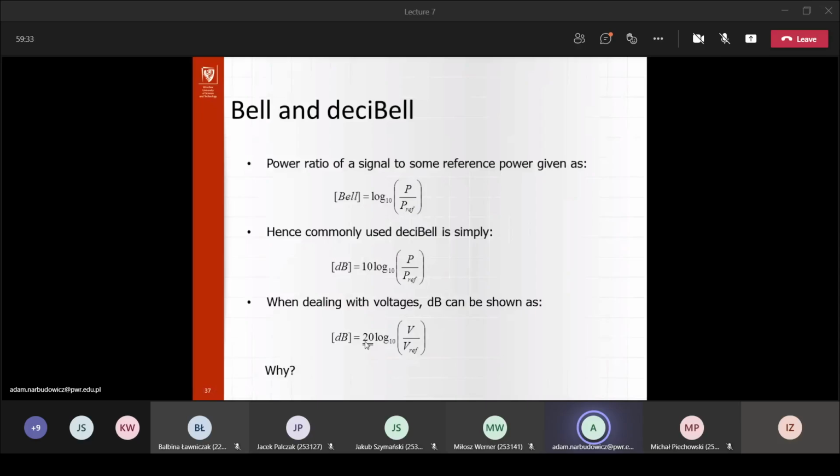This is exactly the reason why in decibels you will see 10 logarithms when dealing with power and 20 logarithms when dealing with voltages or currents, right? It is still the same metric. Just when dealing with voltages, you need to remember that voltages are proportional to the power 2, hence multiplication by 20, not by 2.